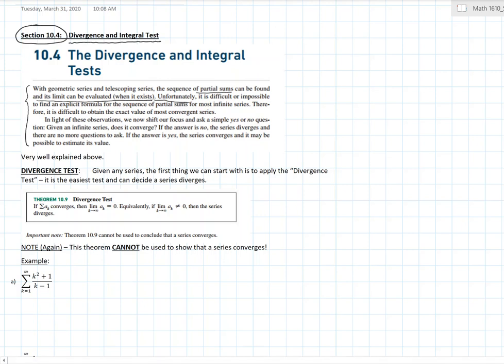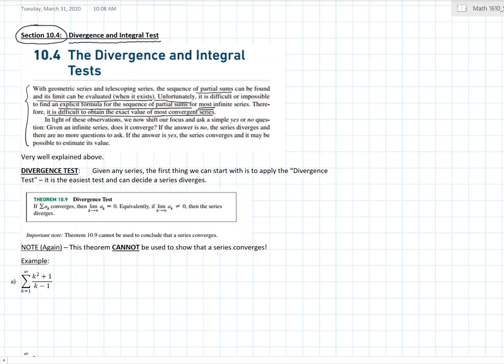Unfortunately, it is difficult or impossible to find an explicit formula for the sequence of partial sums for most infinite series. Therefore, it is difficult to obtain the exact value for most convergent series.